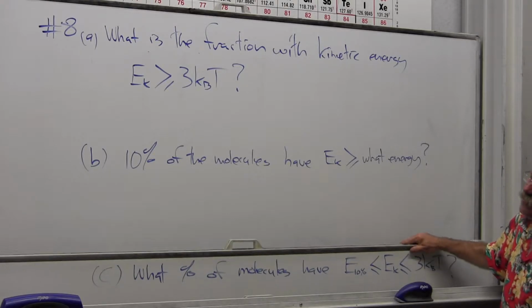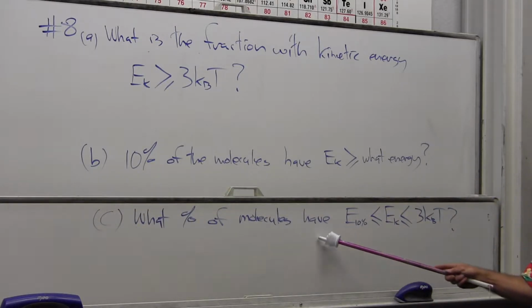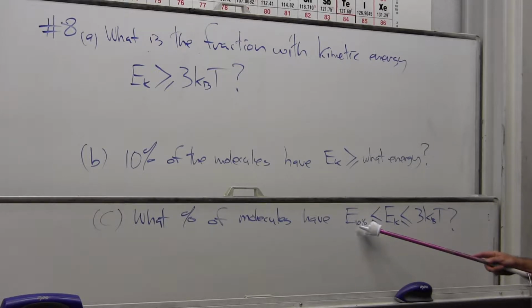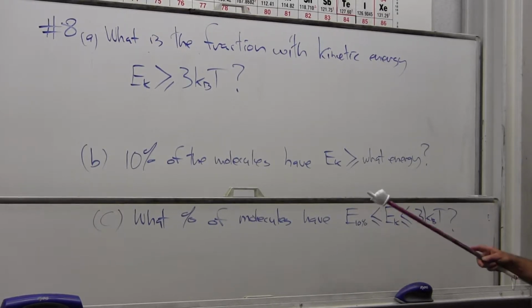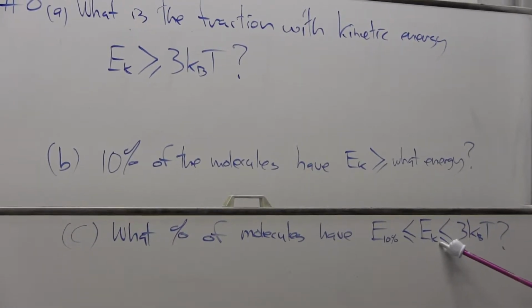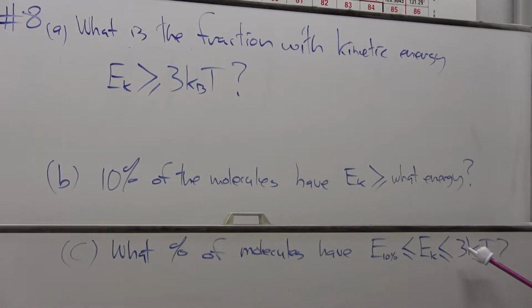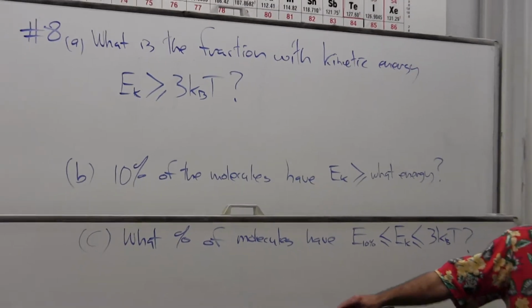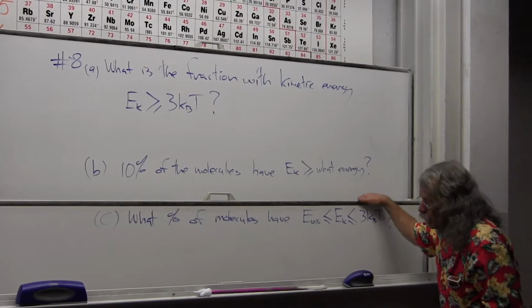And then C is, what percent of the molecules have E between the 10% value, the one we've found above, and 3 k B T? I'll explain this in a little while, but basically we found this in part A and this in part B, so I want to know what percent of the molecules fall between these two ranges. These are the types of questions that can easily be answered with Boltzmann's law and Boltzmann's factor.